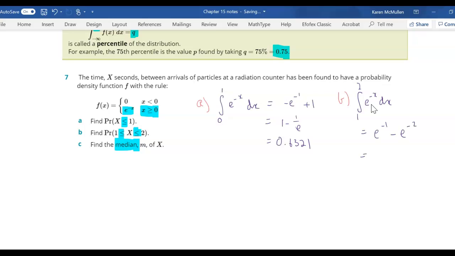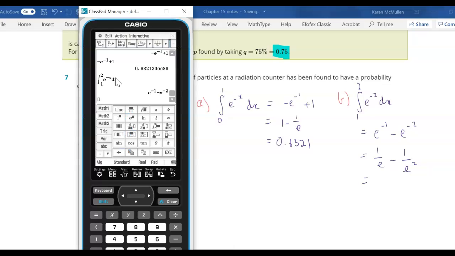All right, so you can write that as 1 over e minus 1 over e squared. Or if we were doing decimals, 0.2325.